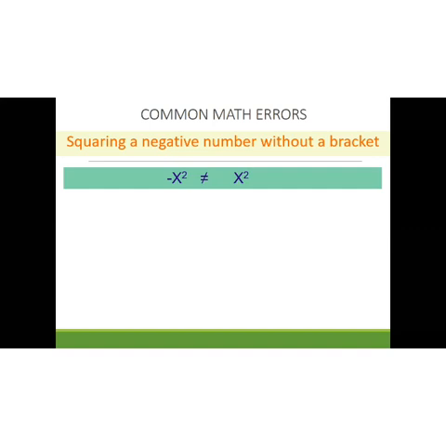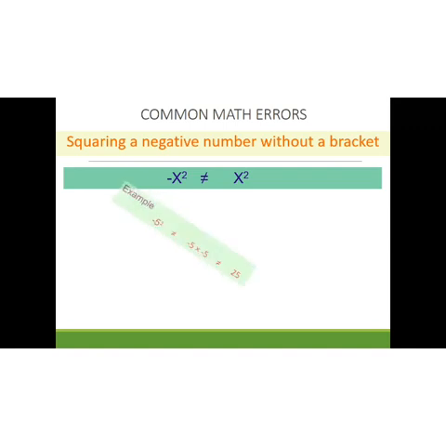But that's wrong, because the only time you can say minus times minus is plus is if there's a bracket that covers both the number and the negative sign. For this particular expression, the square is for just the number, not the negative sign. So take note of that.